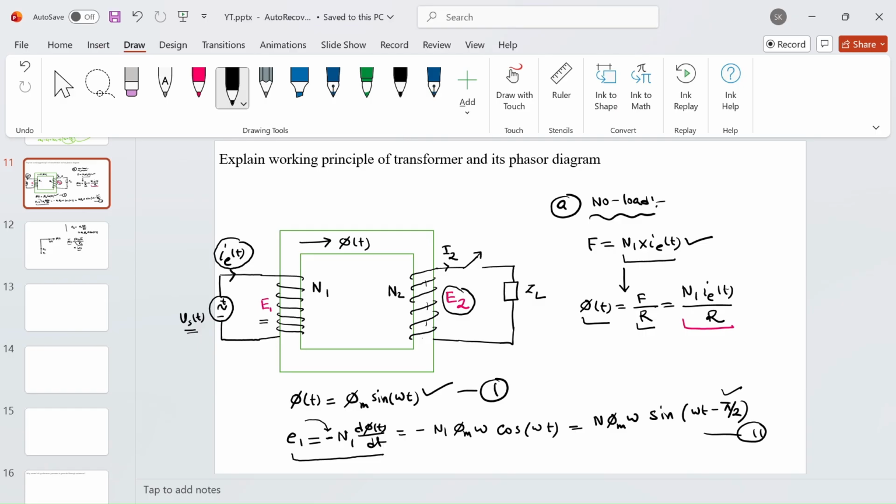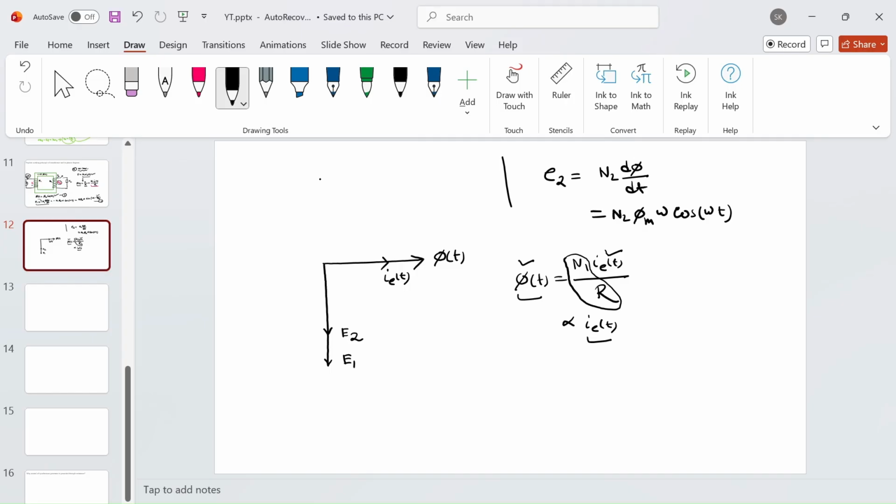So to show the opposite polarity of the induced voltage, I will have here minus E1, and this is also my supply voltage Vs. So here you can see I am showing that my supply voltage and the induced voltage polarity are opposite. Okay, so this will be my phasor diagram at no load condition.